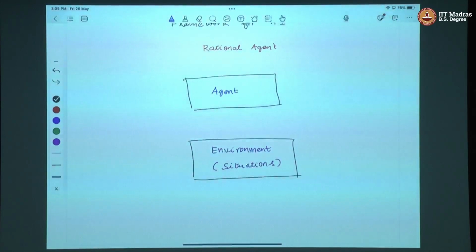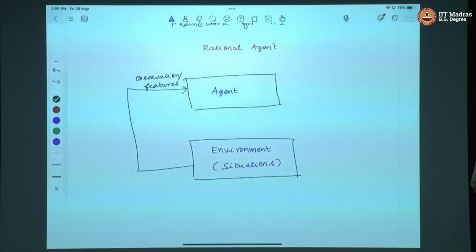And what is the agent supposed to do? The agent observes the environment. The agent observes what are known as features, or observations.